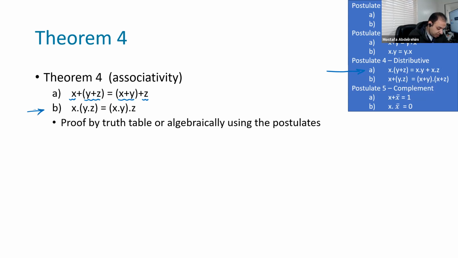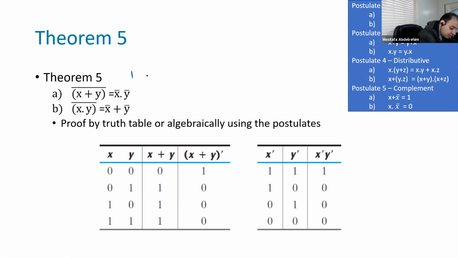Okay. For DeMorgan's theorem 5, which is called DeMorgan theorem. DeMorgan is the guy that discovered or proved the theorem, which is really nice as well, and we're gonna use it a lot. Okay. If you OR two variables together, then you take the inverter or the complement of the result, it will be equivalent to ANDing the two complements of these two variables.